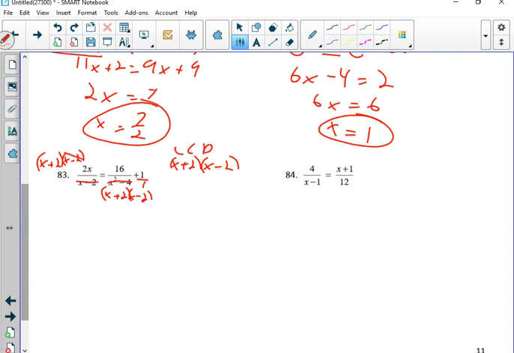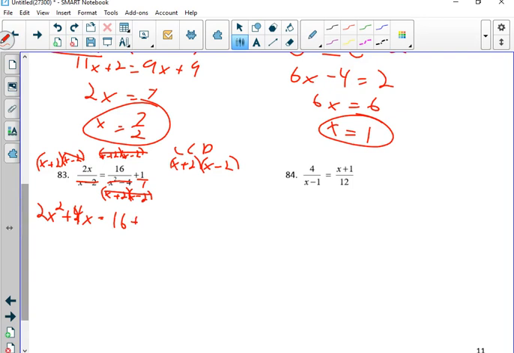So I get 2x times x plus 2. 2x times x is 2x squared. 2x times 2 is 4x. Equals (x plus 2)(x minus 2) cancels. Just straight up 16.